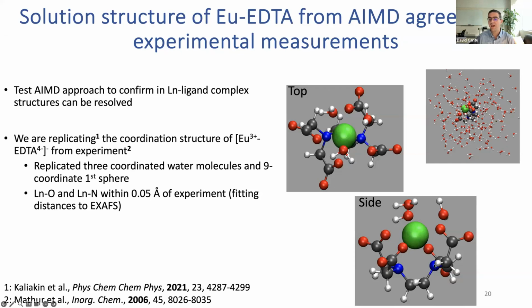The two amines are going to buckle to coordinate with the ion, and the carboxylates have a monodentate coordination and 3 water molecules. And our lanthanide oxygen and lanthanide nitrogen distances are about 0.05 angstroms from those determined experimentally.